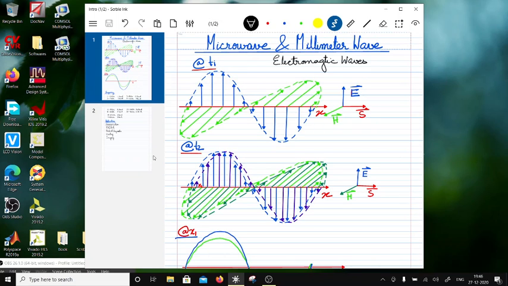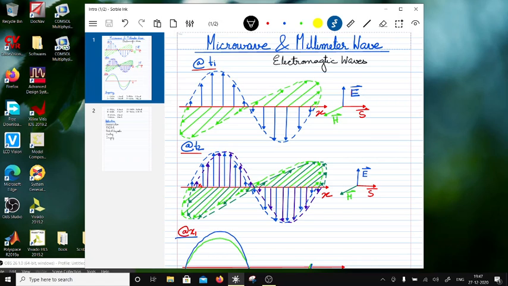Now, as we will see when we discuss Maxwell's equations, the time varying nature of one form of field leads to the other form, right? So that's why the electric and magnetic fields are supporting each other without the presence of a source in a medium, and that's how the propagation takes place.